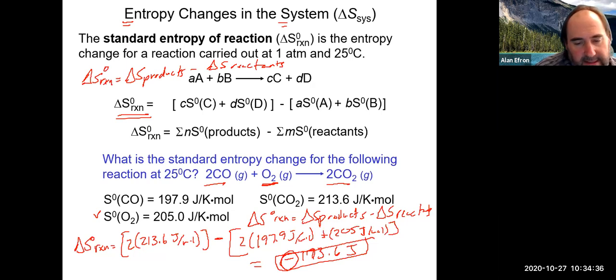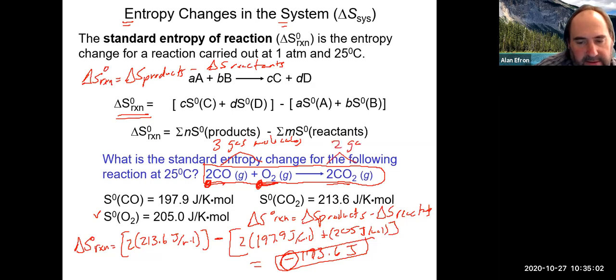What I mean by that is, before we even picked up the pen to do the calculation, if we look at this reaction on the reactant side, we have 3 gas molecules: 2 here and 1 here. On the product side, we have 2 gas molecules, which are obviously these guys here.